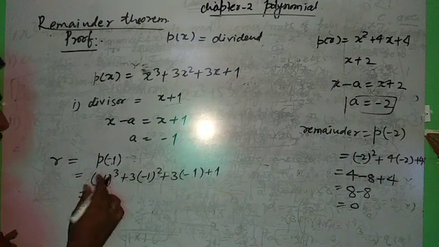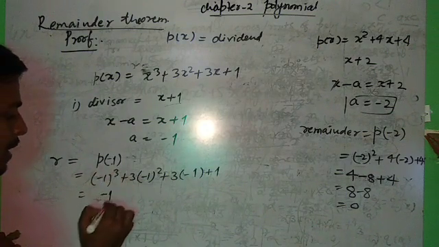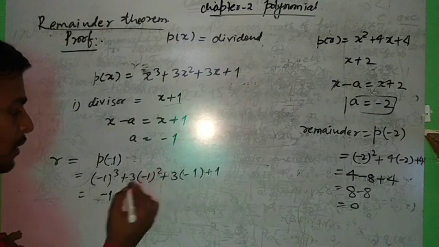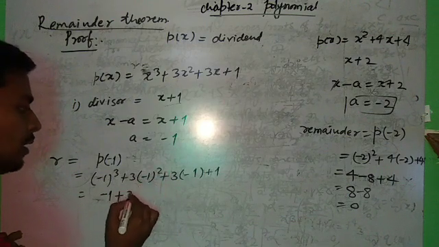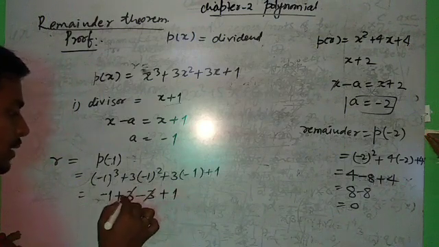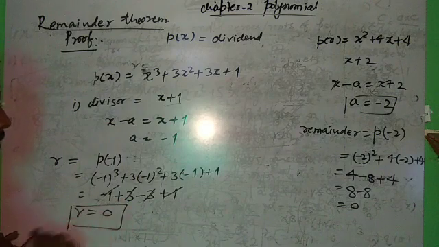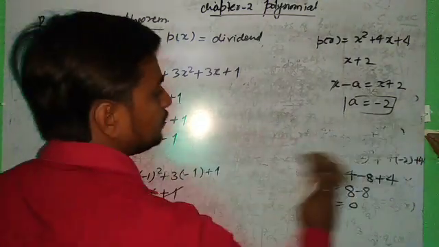Minus 1 to an odd power is minus 1, and to an even power is plus 1. So minus 1 plus 3 minus 3 plus 1, that is 0. The remainder is 0.